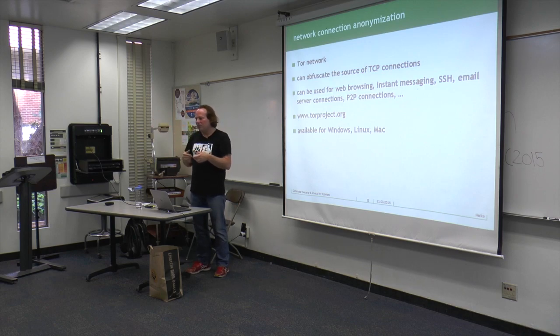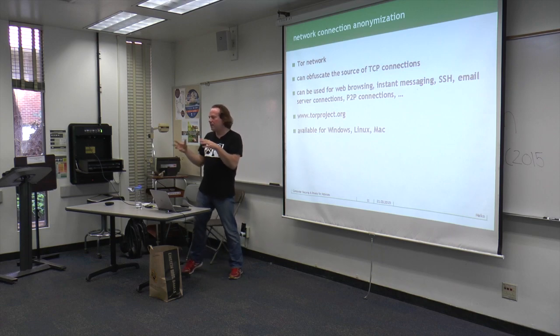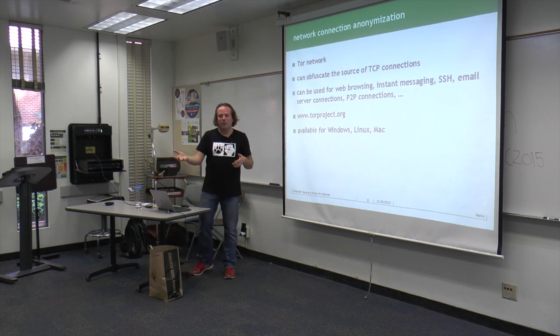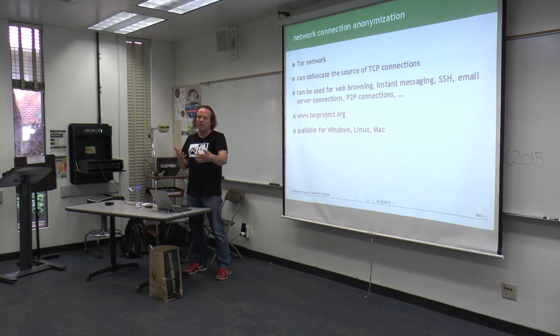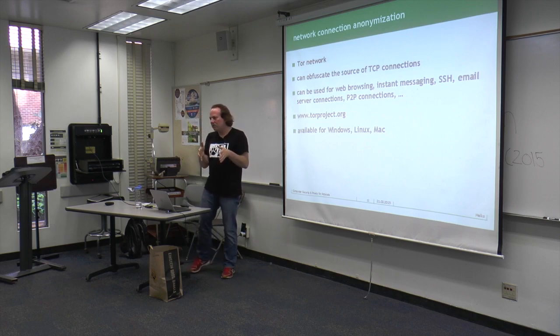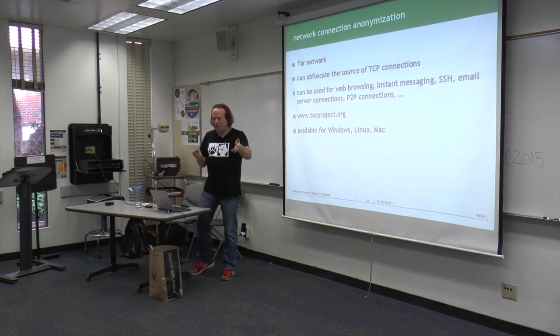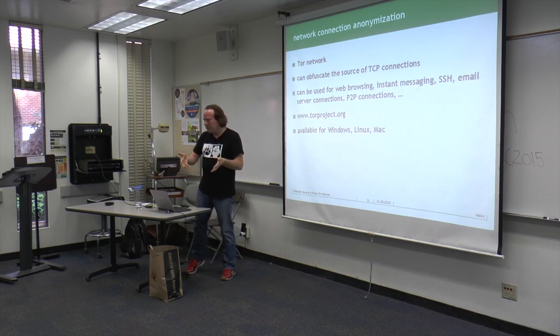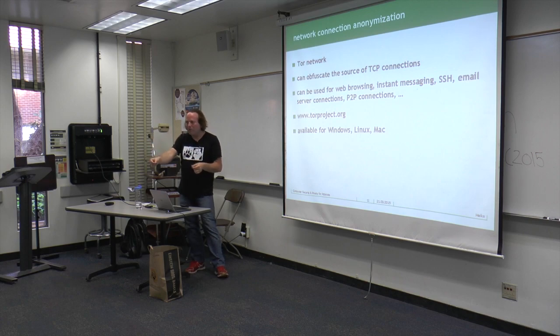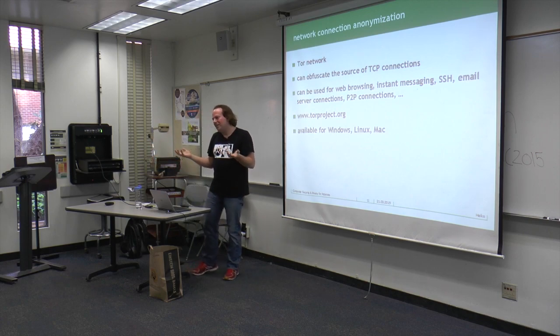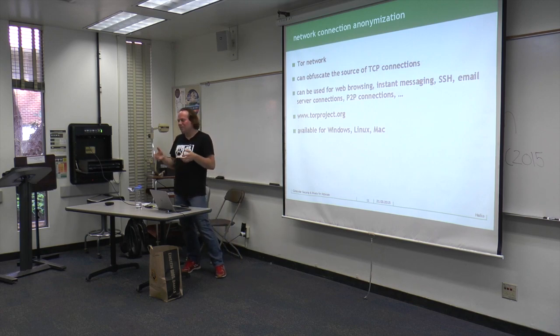VPNs are typically used to circumvent country restrictions, like if you're in Germany and you want to use a streaming service which is only offered in the US, a lot of Germans will get VPN access to some US provider to access the internet. So it seems like they're coming from some US host, and not from a German host. But this is very easy to trace back. It makes it a little bit more complicated, because whatever agency wants to get information now has to talk not to one provider, but to two providers. But that's not a good way of hiding information.